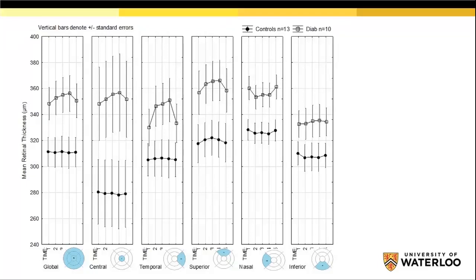That's something like a 20 micron average increase in retinal thickness between being initially sat up, upright, and then after a few minutes of lying down, there's a huge increase in retinal thickness. There is a similar increase in retinal thickness in the healthy controls, but it's a much lower magnitude of response.